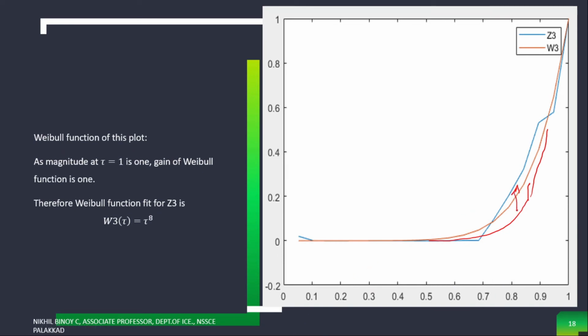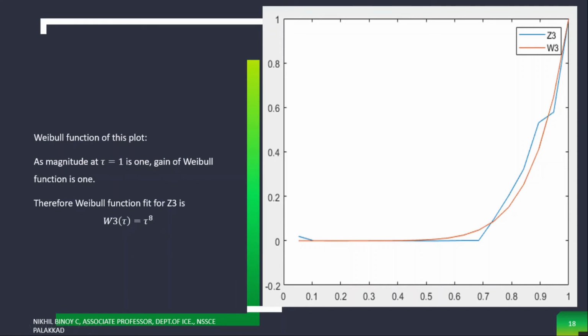So m equal to 8 is a good fit. I told you in some situations, if that fit is not a good one, you have to take another m value. We have to use some trial and error method. So here I think W3 of tau equal to tau raised to 8 is a good fit.